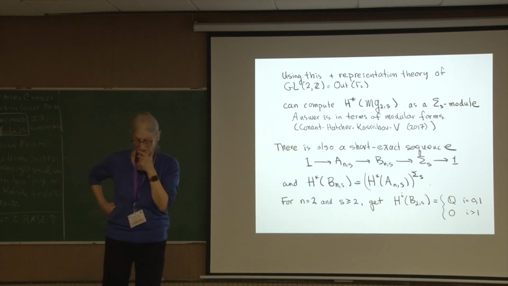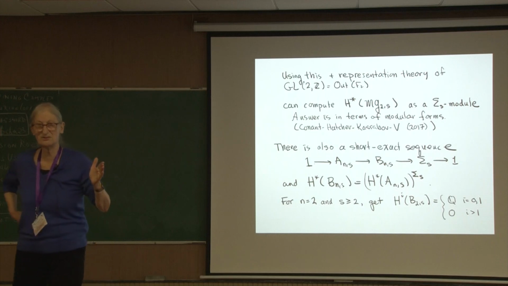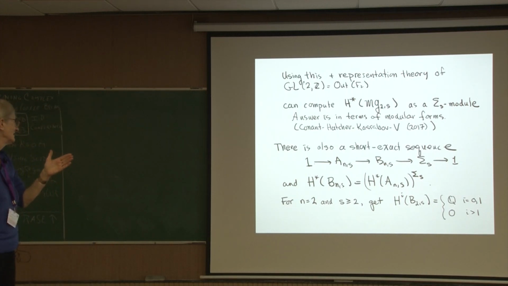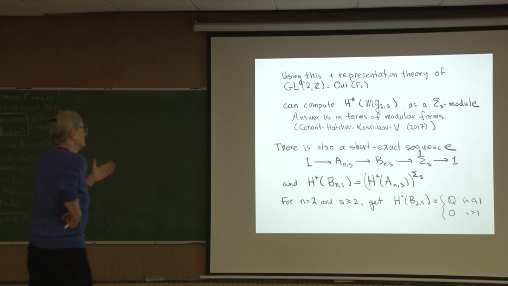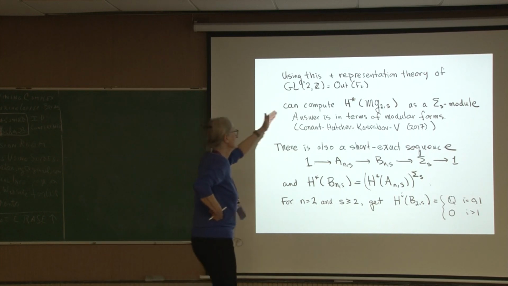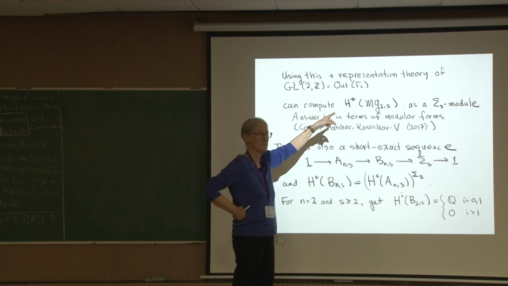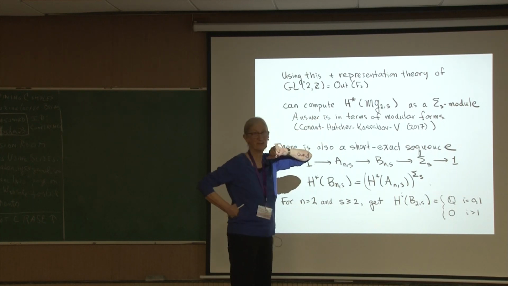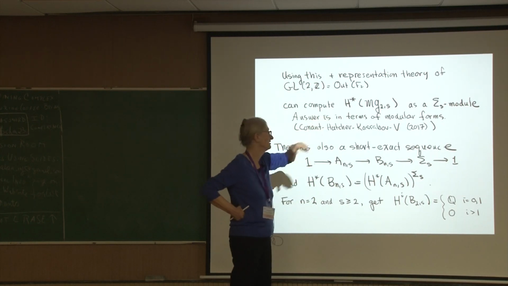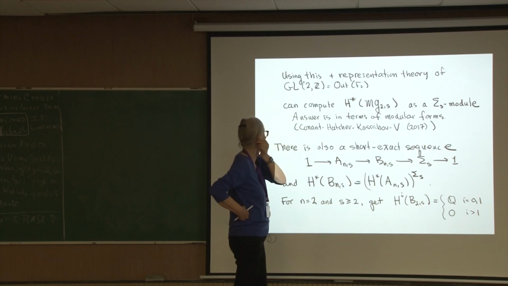Okay, so that takes care of n equals 2. And that was for MG2S. Remember, that computes the cohomology of A2S. But what about B2S, the braid group version, as opposed to the pure braid group version?